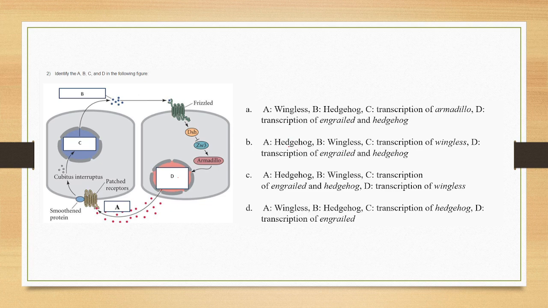Whether A is hedgehog, B is wingless, C represents the transcription of wingless, D is the transcription of engrailed and hedgehog. Whether A is hedgehog, B is wingless, C is the transcription of engrailed and hedgehog, D is the transcription of wingless. And the last option is A is wingless, B is hedgehog, C is the transcription of hedgehog, and D is the transcription of engrailed. So this is a mechanism. You have to tell what A, B, C, D refer to.